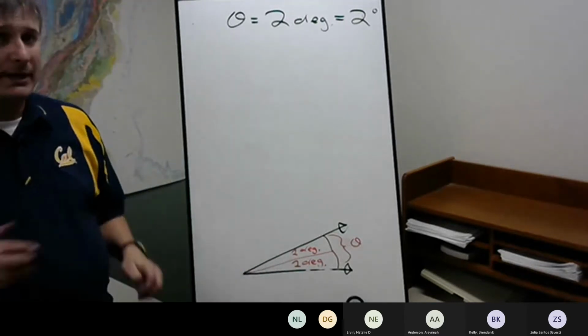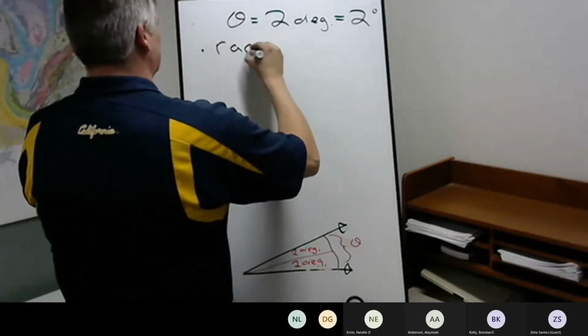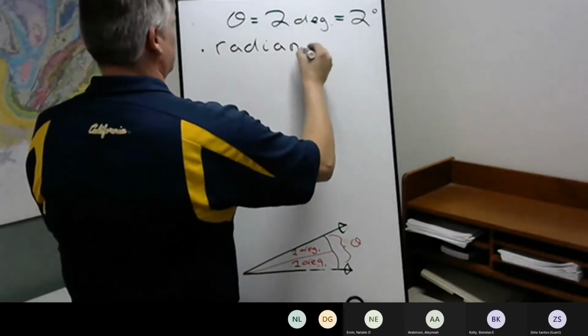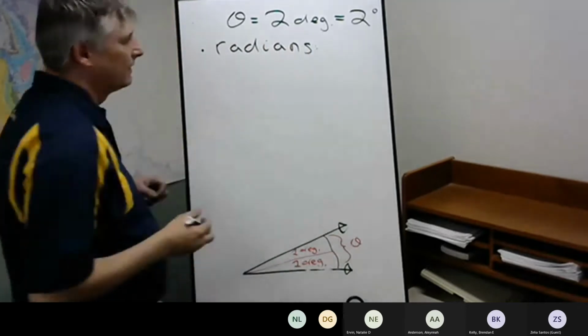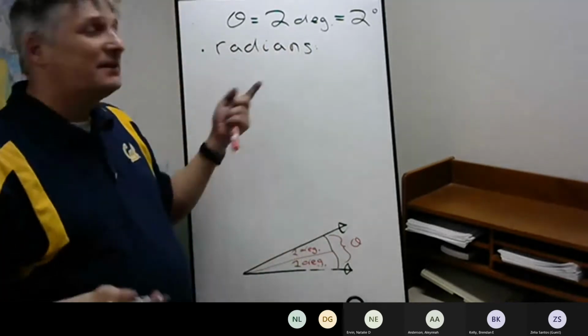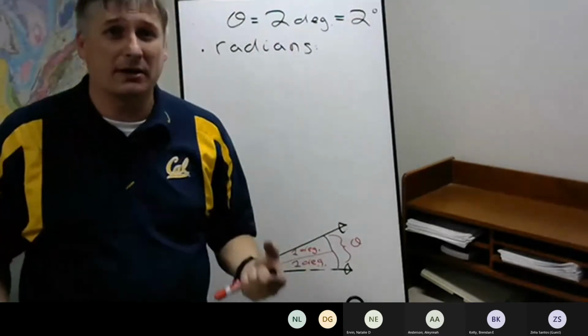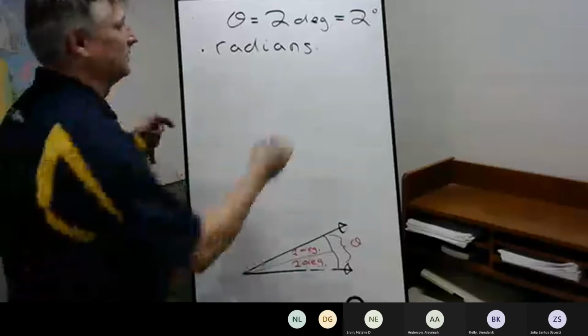The other way of doing this is radians. And here we're going to count how many radii are inside or on the arc length created by our rotation on the circle.